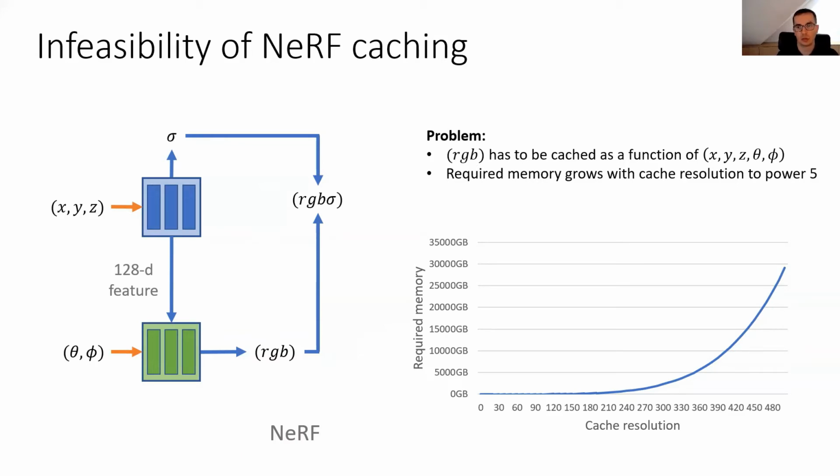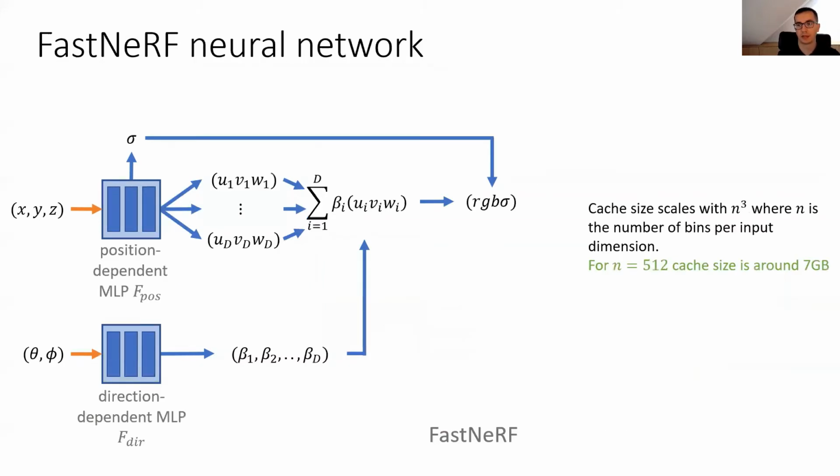So what we propose to do to make this tractable is to split the NeRF network into 2 networks. One that is dependent only on sample position, and one that is dependent only on view direction. So now the position dependent network outputs sigma, the density, as previously, as well as a deep radiance map. And this deep radiance map is a set of 3-dimensional vectors that can be combined to create any RGB color for a given position in space.